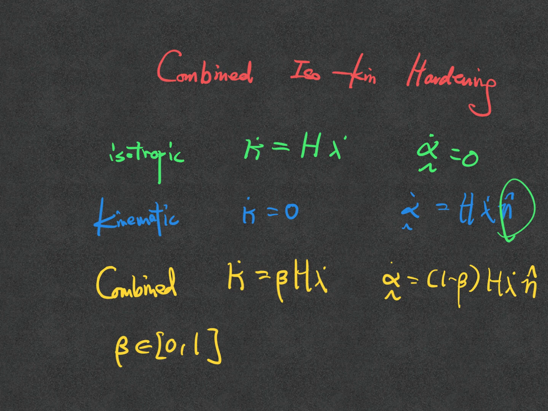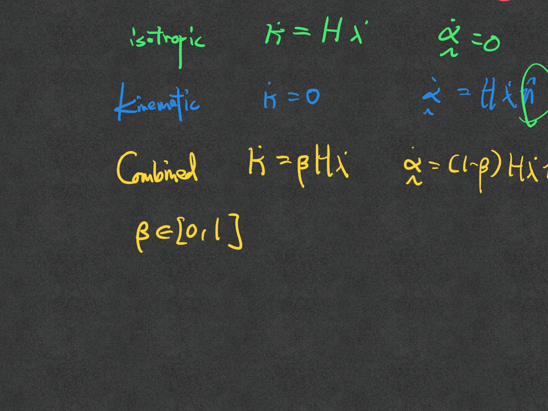Now, the question I want to ask you is why is it between 0 and 1? Why is it not 0 and 5, or 1000? Why is there an upper limit and a lower limit?